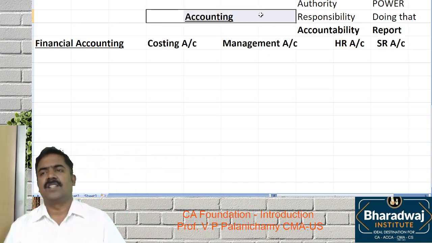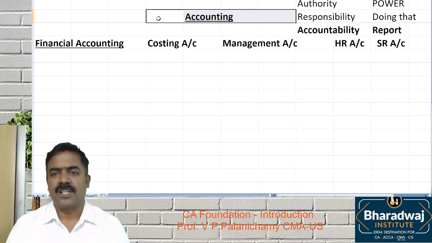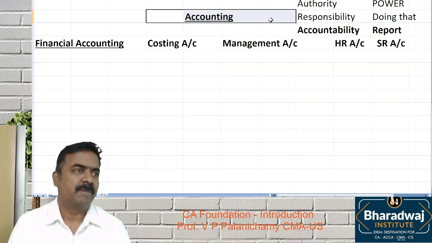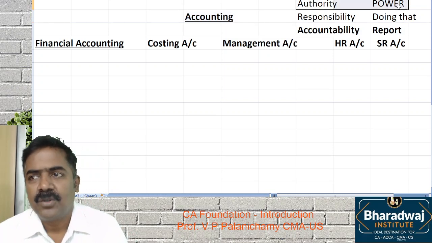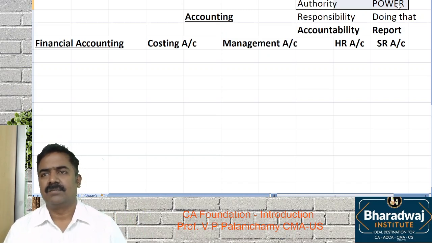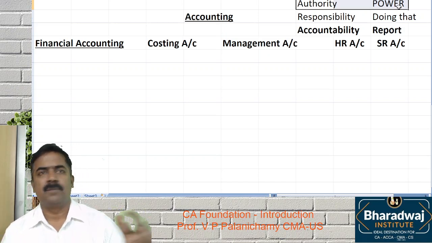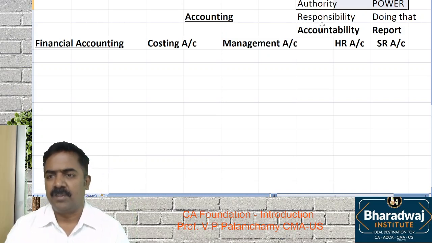Accounting. For example, you are a marketing manager. How will this accounting be applicable for you? What is the authority given? To manage all the marketing related work, let it be digital marketing, digital promotion, handbill promotion, person to person promotion, or free sample promotion. You are given the power.